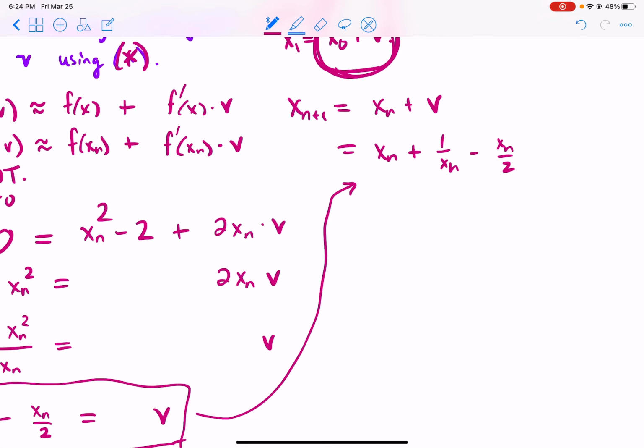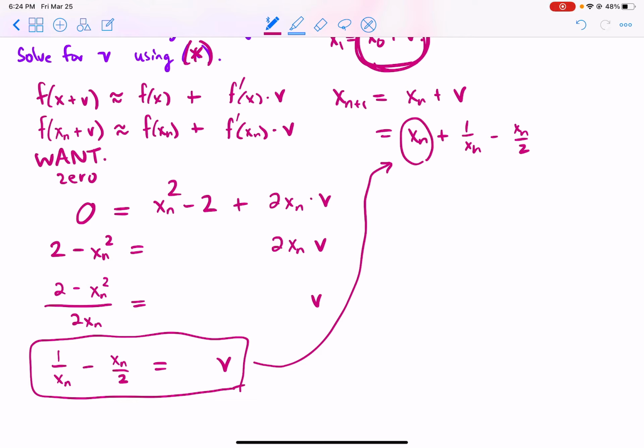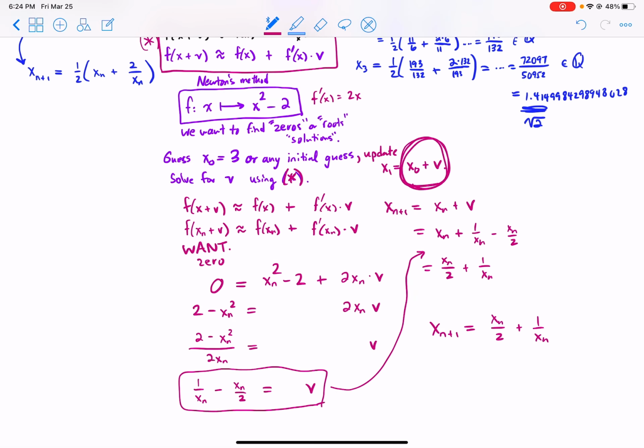But look, I've got 1 xn minus a half xn, which is just a half xn. So xn plus 1 should be xn over 2 plus 1 over xn. And that doesn't quite look like this formula up here.